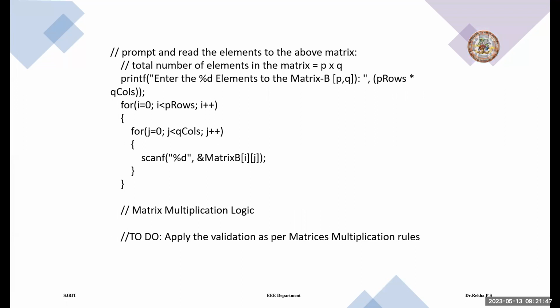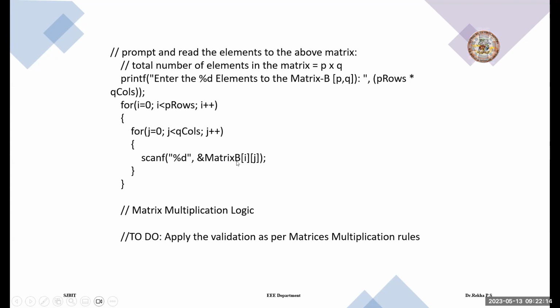So for i is equal to 0, i less than P rows, check the condition. Get inside, j is initialized to 0. J will check the condition. If it is less than Q columns, then scanf is executed. Now it will read the value through the scanf function.